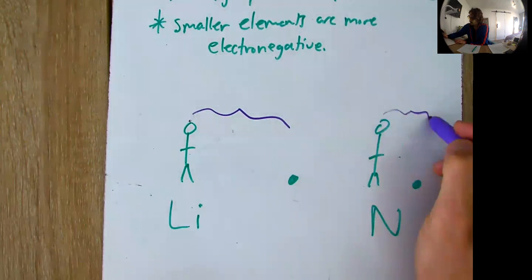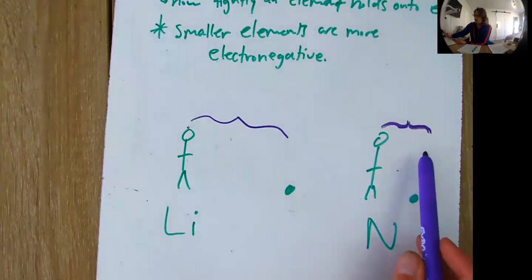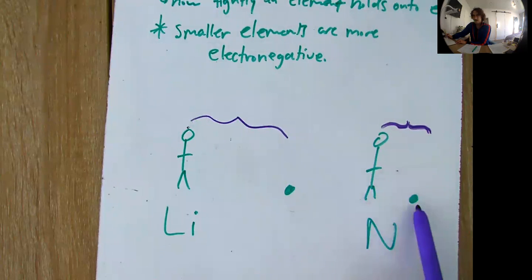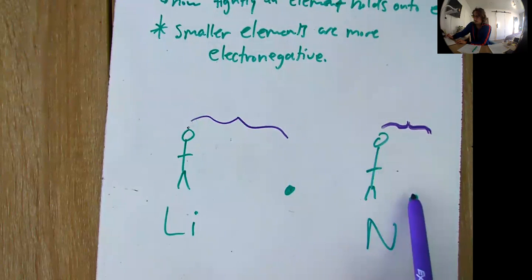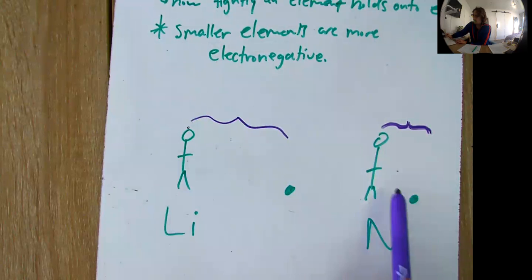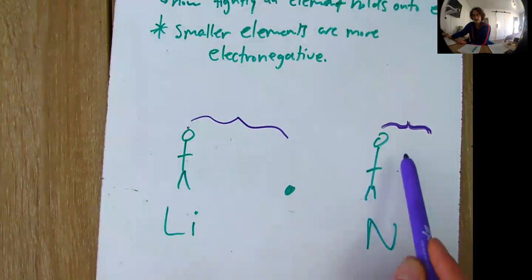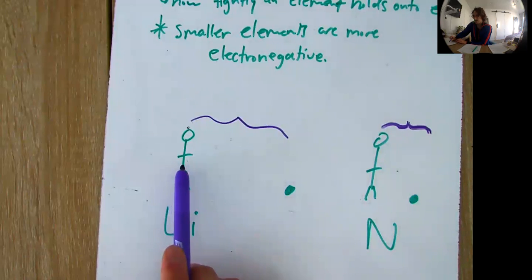We know that nitrogen is the smaller atom, and the smaller atom lets us know that the protons are attracting the electrons with greater strength, making it a smaller atom, causing it to have more electronegativity. So you could say that in our analogy, this person has better ball handling skills than this person over here, because the number of protons are the number of soccer lessons this person has had.